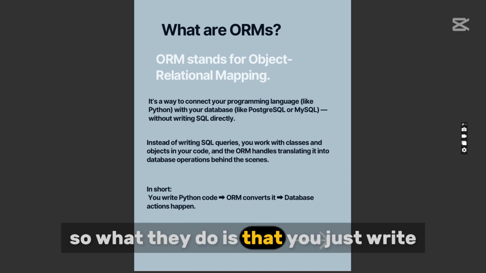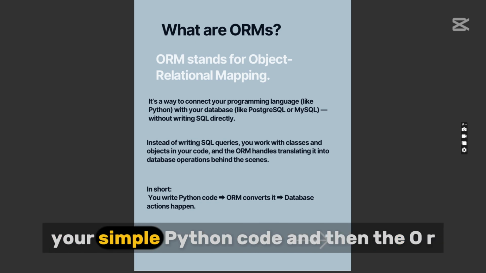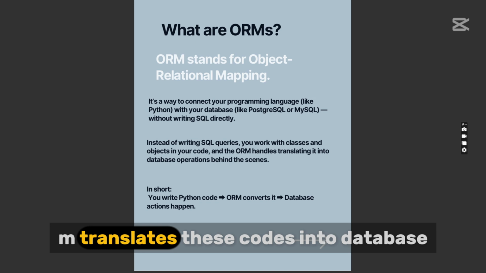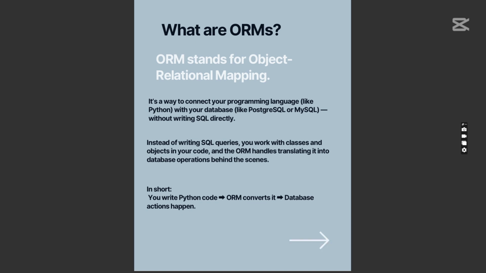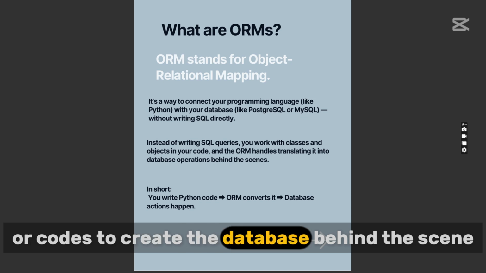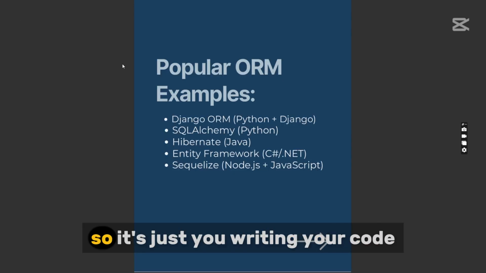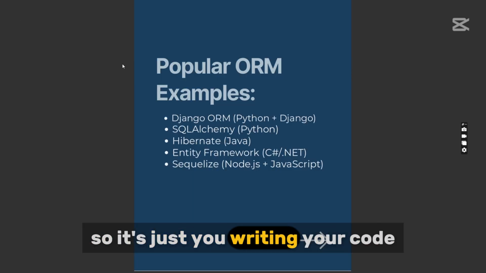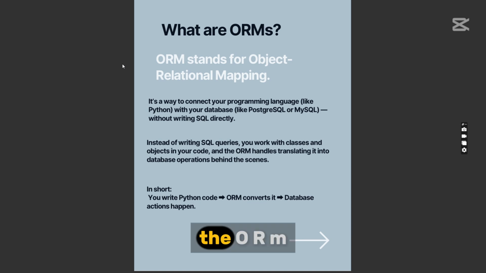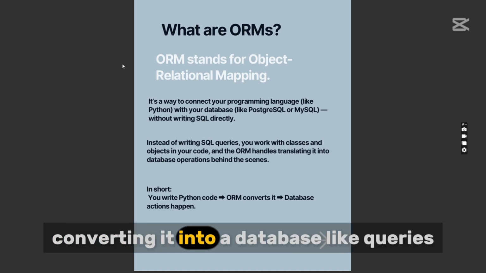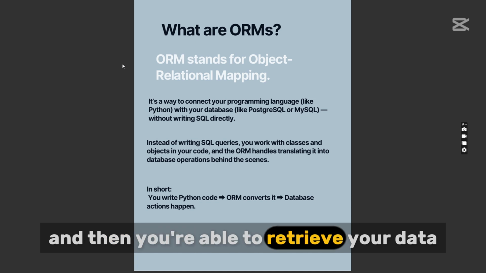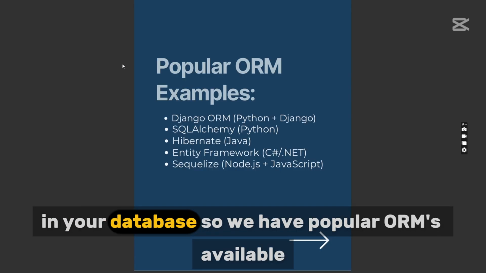So what they do is that you just write your simple Python code, and then the ORM translates these codes into database queries or codes to create the database behind the scenes. So it's just you writing your code, the ORM converting it into database-like queries, and then you're able to retrieve your data in your database.